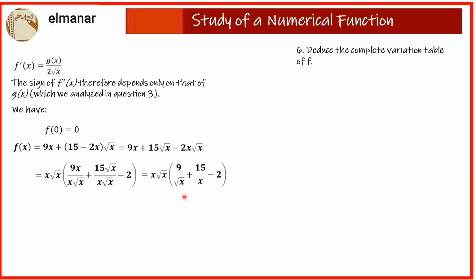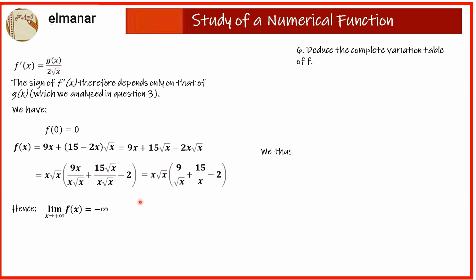Therefore, the limit of f of x as x approaches infinity is equal to -2 times positive infinity, which equals negative infinity. Theoretical note: the limit of a function as x approaches infinity reveals its long-term behavior. Here, the fact that f tends toward negative infinity indicates a strong downward trend past a certain threshold.